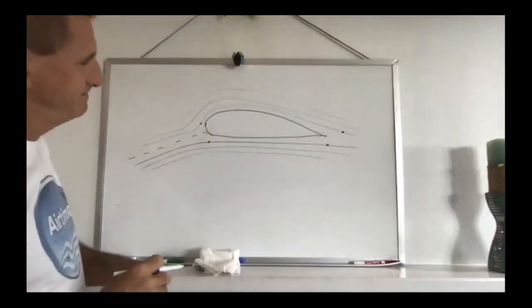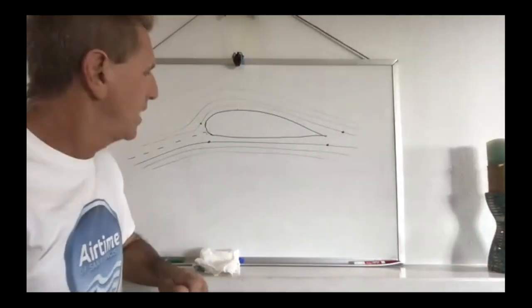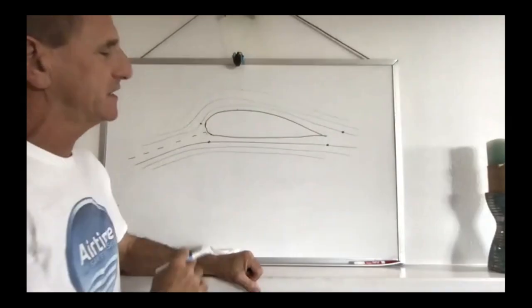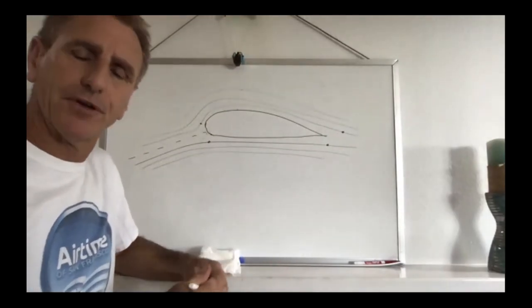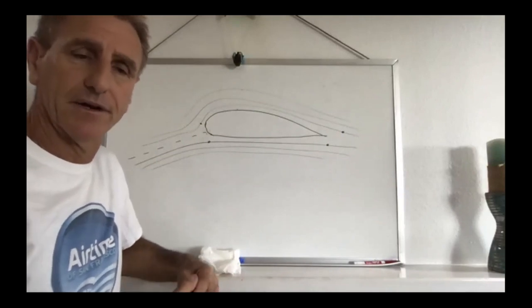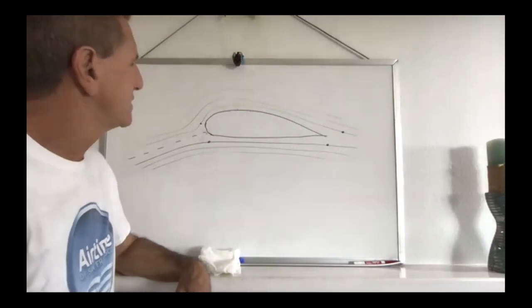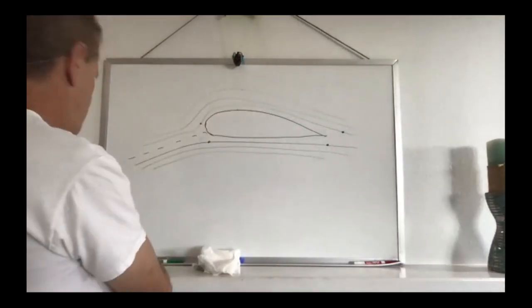And he said, gee, I wonder why the one that has to go around the curve a greater distance not only covered the greater distance, but went further than the one going under the bottom of the wing.